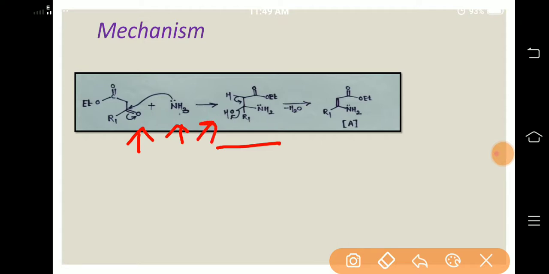This hydroxy group can be cleaved in the form of water molecule by abstracting alpha proton, leads to the formation of this alpha beta unsaturated carbonyl compound, which can also be termed as alpha beta unsaturated beta amine ester. This is the first step and this product is termed as A product.